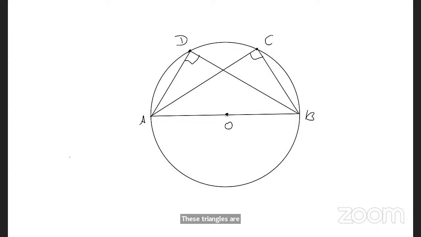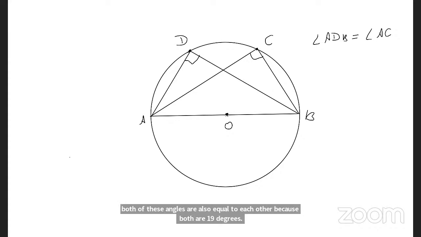So we have angle ADB equals angle ACB, and both of these angles are equal to each other because both are 90 degrees.